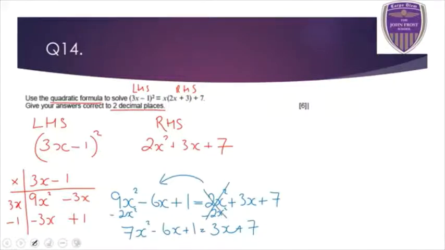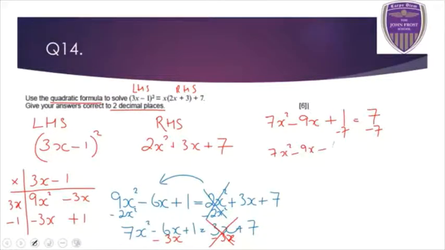I'm going to take away 3x on both sides, because it'll disappear from there, and I'm left with 7x squared minus 6 minus 3 is minus 9x plus 1 equal to 7. I need to take away 7 on both sides. 7x squared minus 9x plus 1 minus 7, which is minus 6, equals 0. And then you can use your quadratic formula.